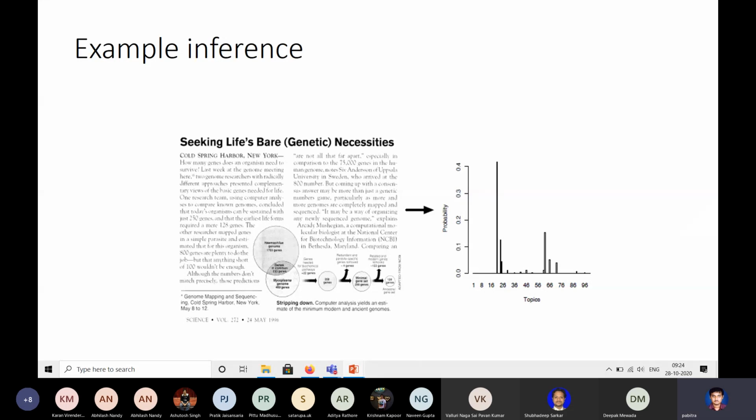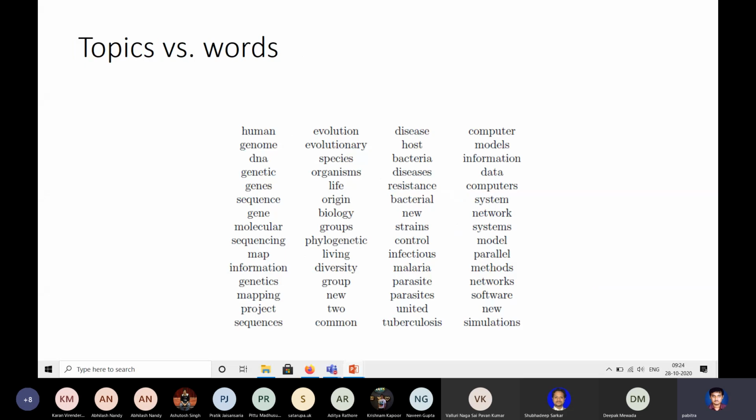I can look at the topic versus word relation. So this is the word cloud: topic 1, topic 2, topic 3, topic 4. These are the word clouds of words having high or non-zero probabilities of belonging to topic 1, topic 2, topic 3, topic 4. You can form these word clouds to describe your topics, and maybe you can visualize a document like this.